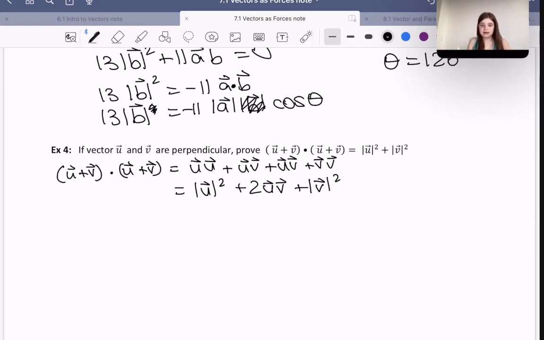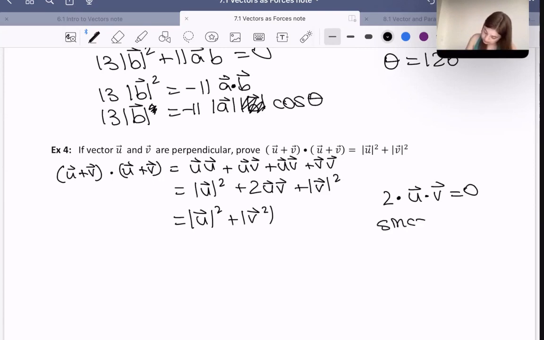And then here we have just magnitude u squared plus magnitude v squared, right? Because here we know that 2 times u dot v is equal to 0 since u and v are perpendicular, okay? Right?